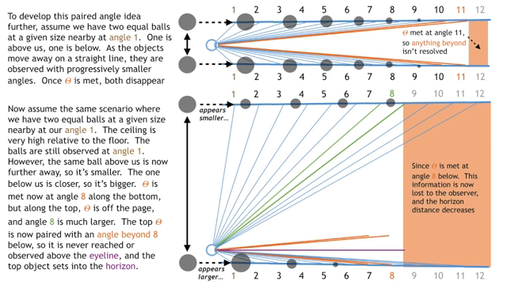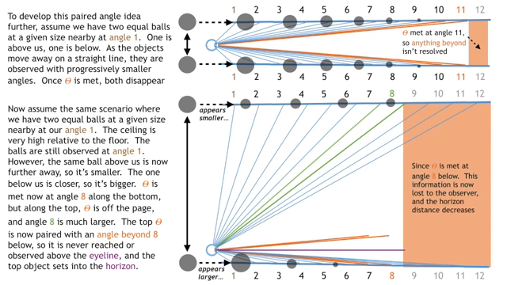So the top theta is now paired with an angle beyond angle 8 below it, and angle 8 is what set our lower horizon distance already, so it's never reached along the top. Essentially what you'll observe is that the top object, the ball in this case, will now set into the lower horizon line.